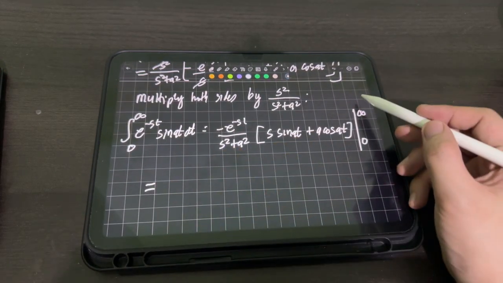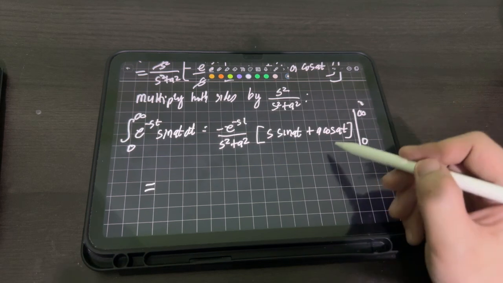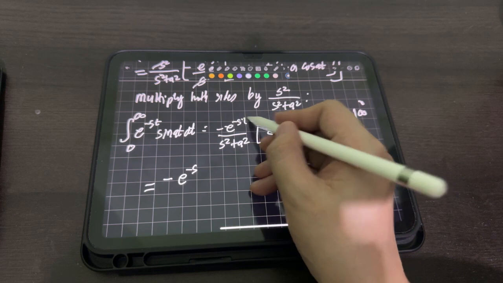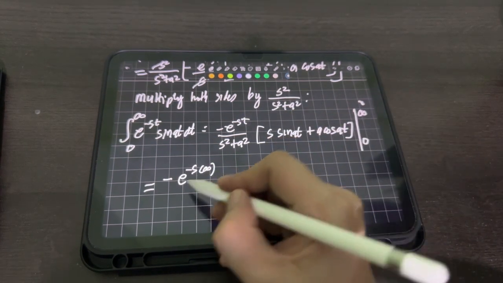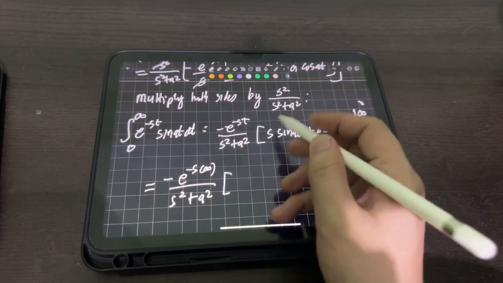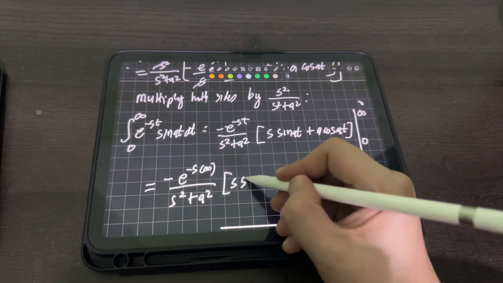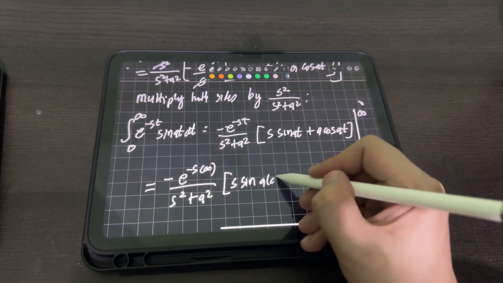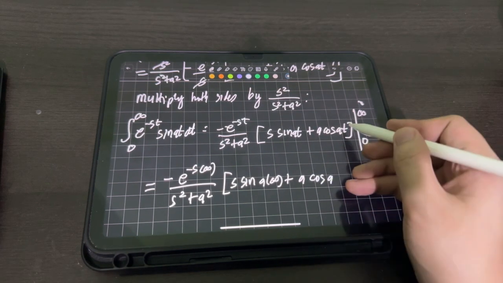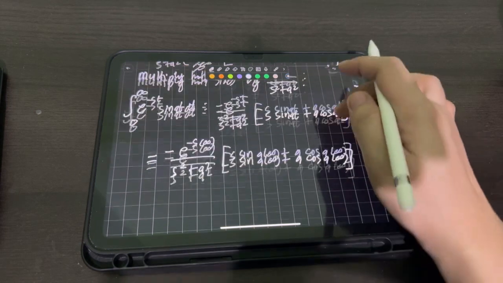So substituting first the upper limit to every t, we will have negative of e to the negative st, replace it with infinity, over s squared plus a squared, then times s sine at, replace with infinity also, plus a cosine at, again replace with infinity.